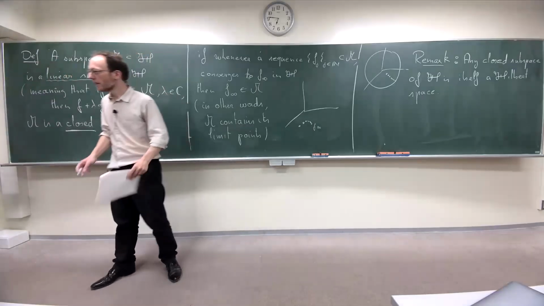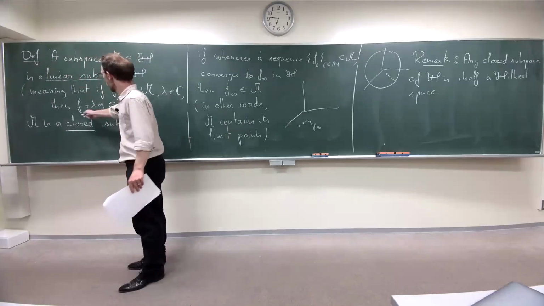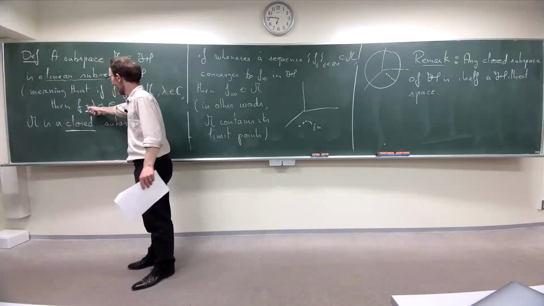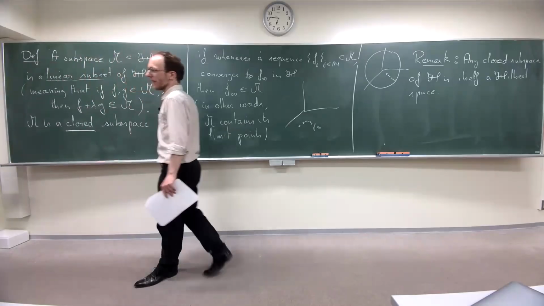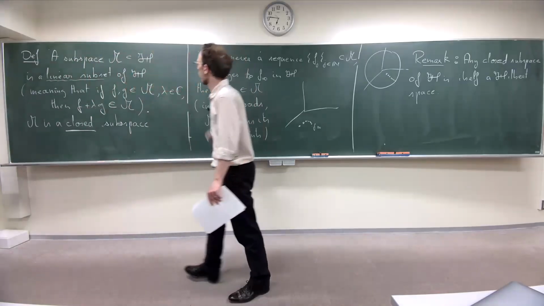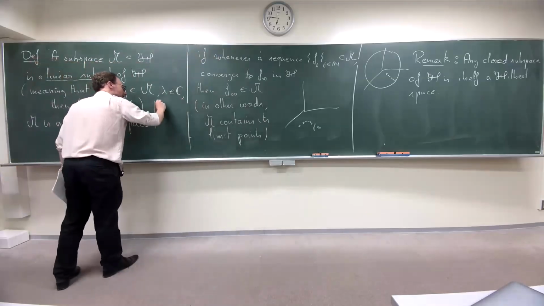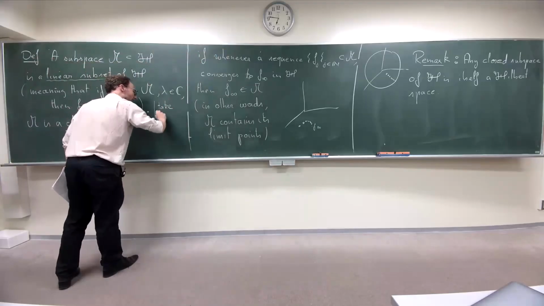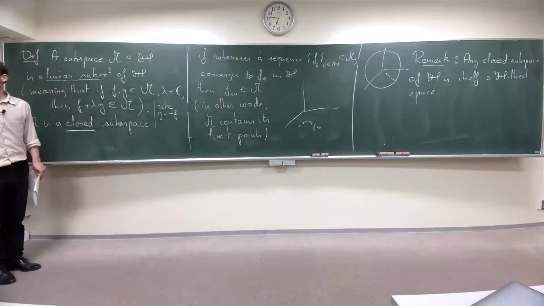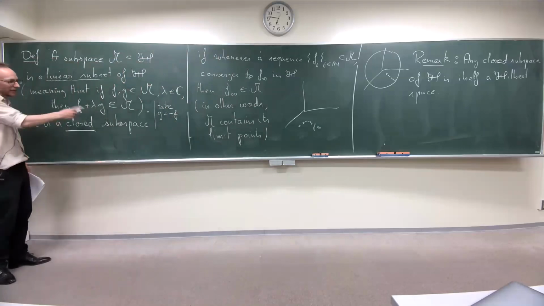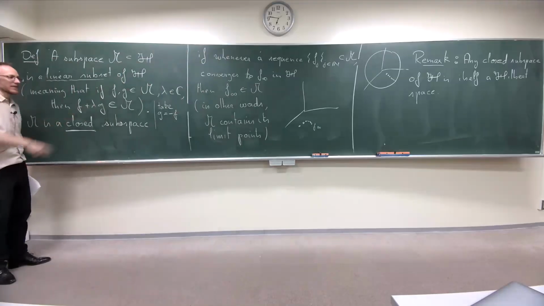Yes? Does zero not have to be inside this? I think zero must be inside this subspace. Look, if I just take everything equal to 0, it has to be inside. Take G is minus F. As long as you have an element, you can multiply it by any scalar and the 0 is inside.